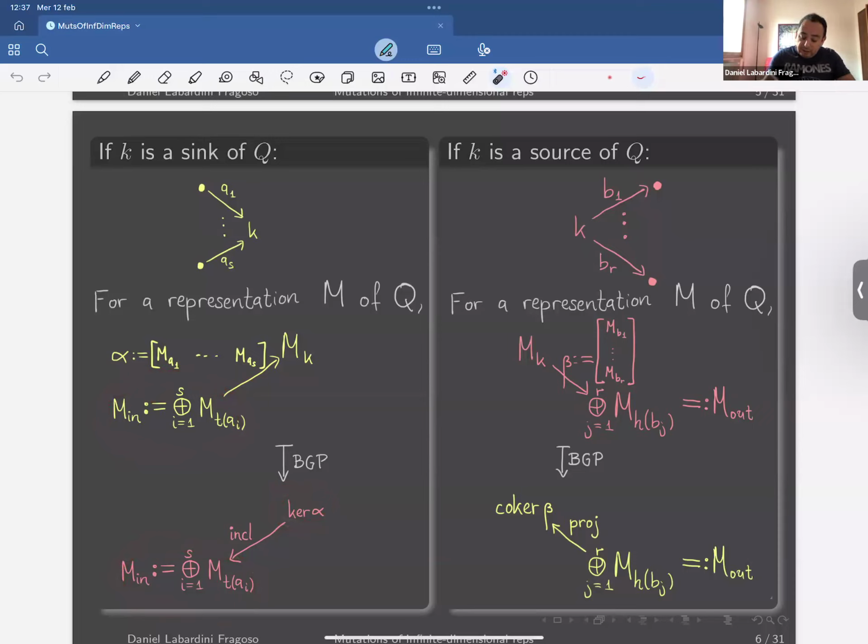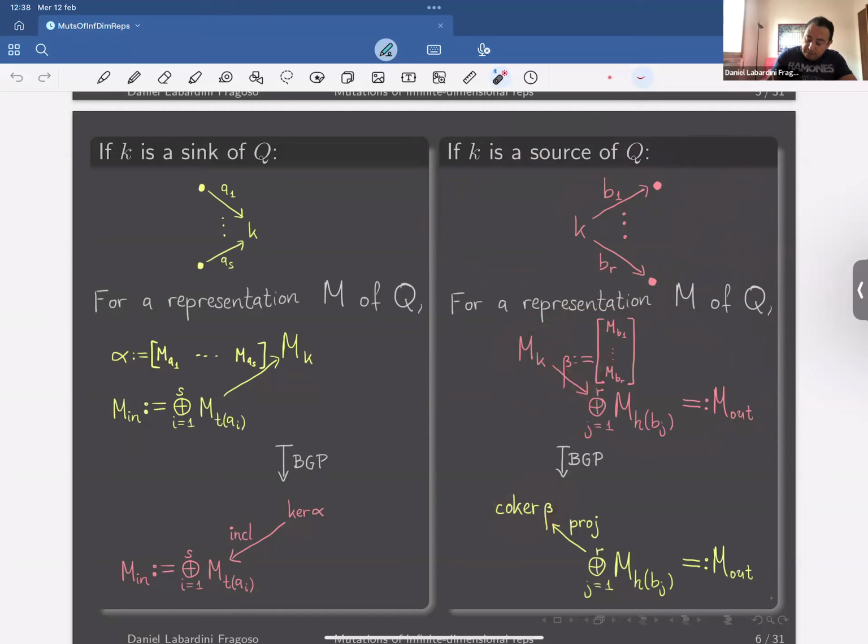Similarly, when k is a source, in this situation where of course Q may have some more vertices and arrows, and one takes a representation, one can again assemble the linear maps associated to these arrows. Then what Bernstein-Gelfand-Ponomarev do is replace M_k with the cokernel of this map.